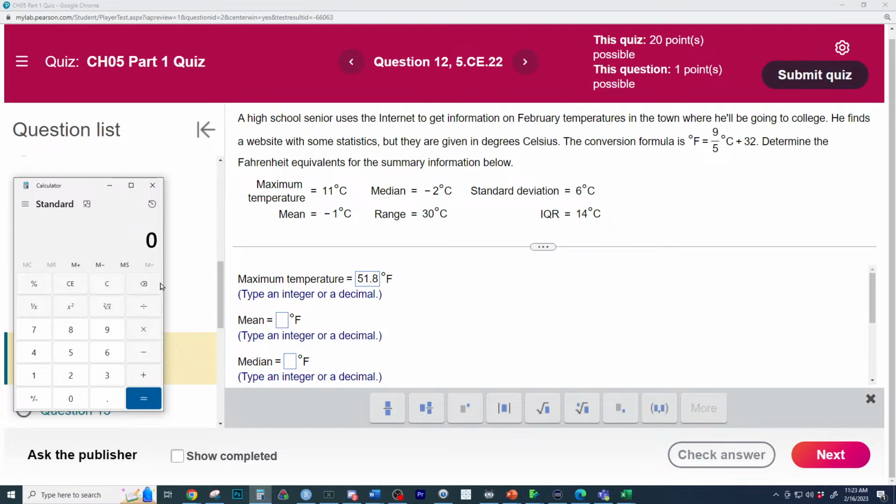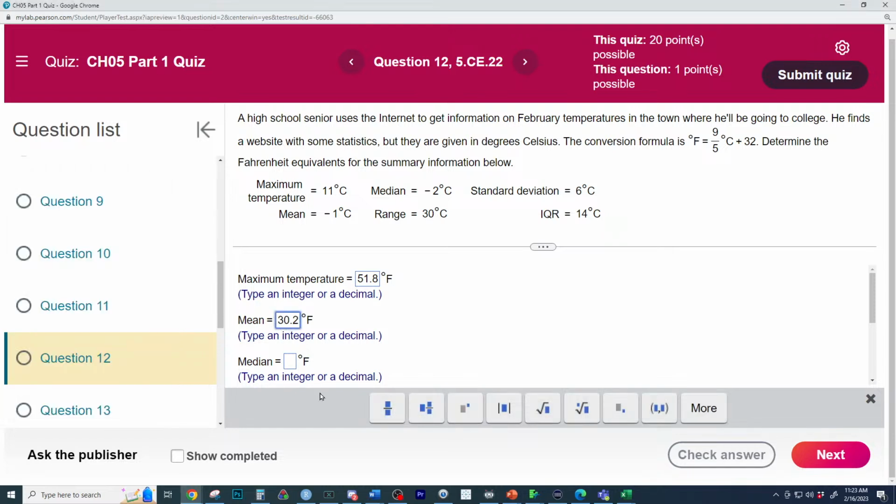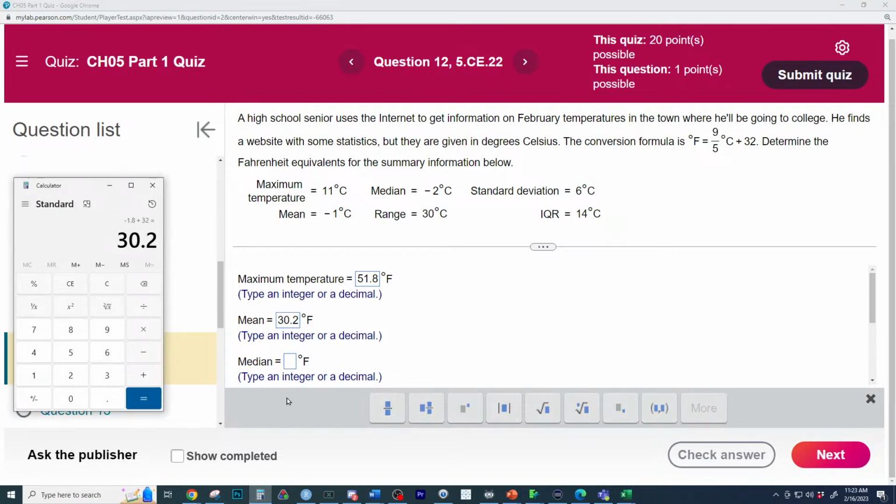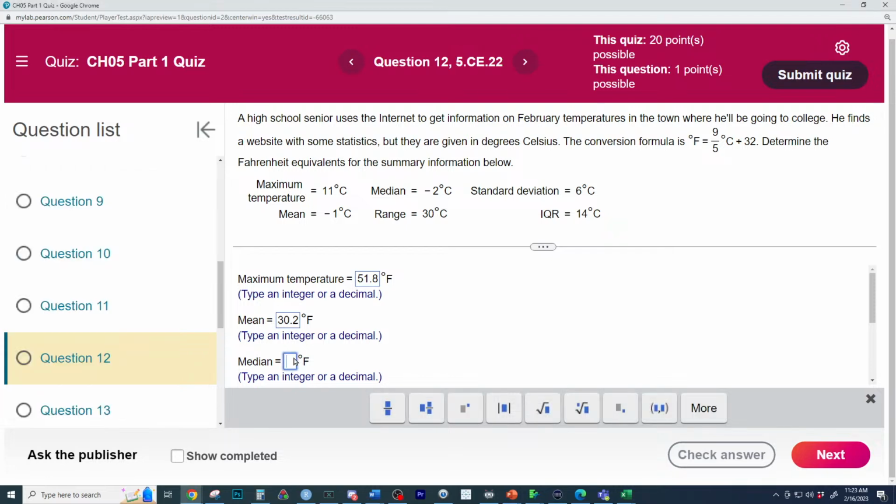That should be all right, right? Yeah, it's just a conversion. So negative 1 times 1.8 plus 32 should be right. And then the median is -2 times 1.8. There we go.